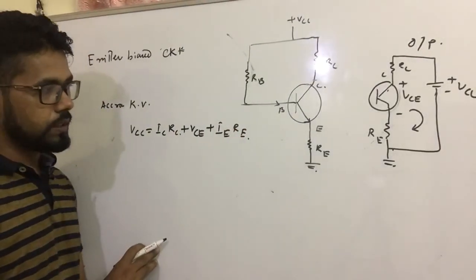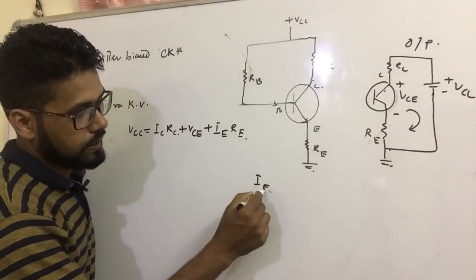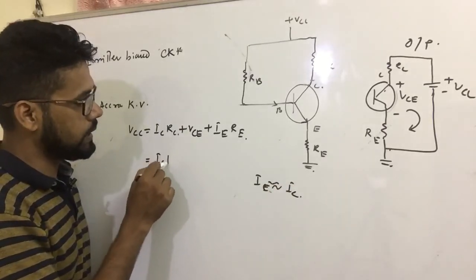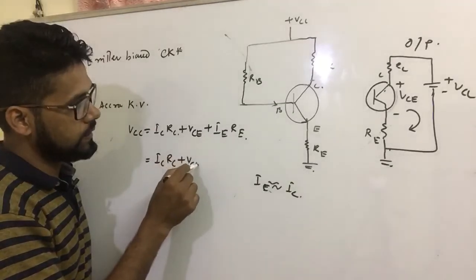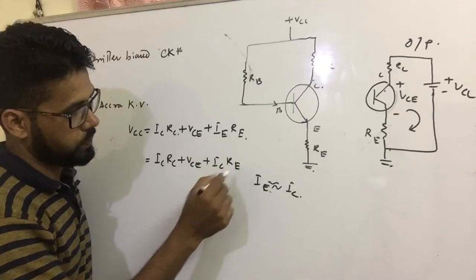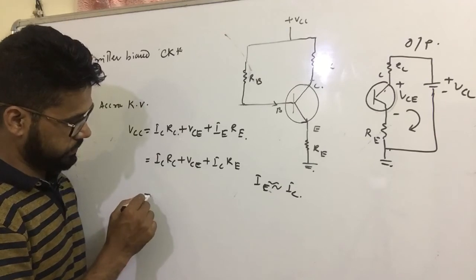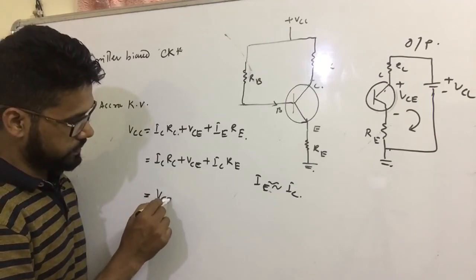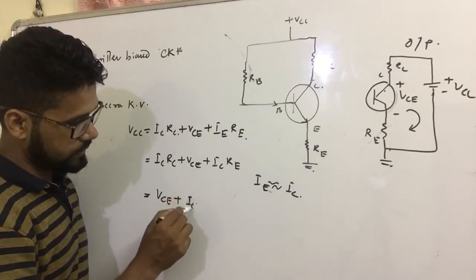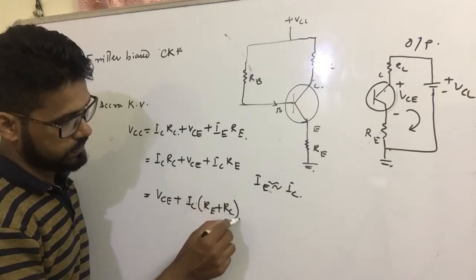Okay. Now in this circuit, I assume that because IE is approximately equal to IC, if I simplify this equation under approximation, VCE equals VCC minus IC RE, with IC as a common factor, plus IC RC.